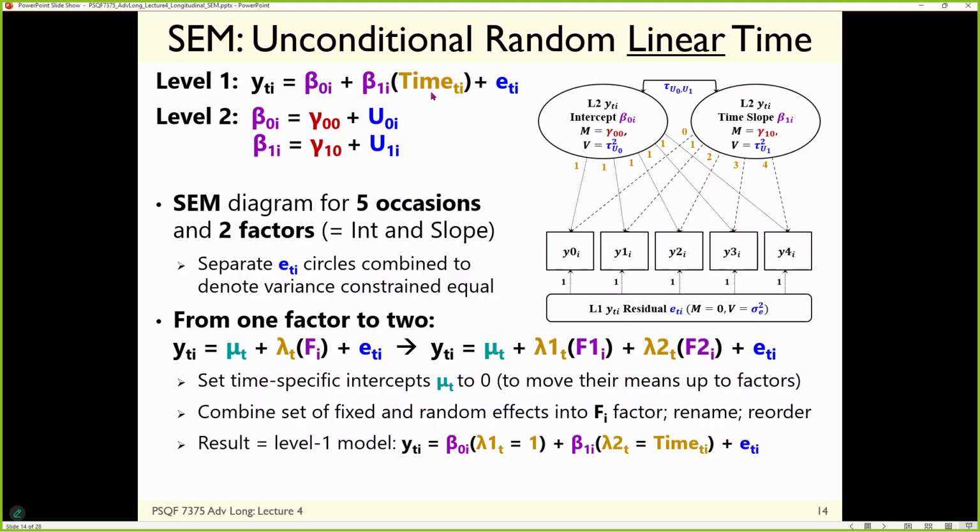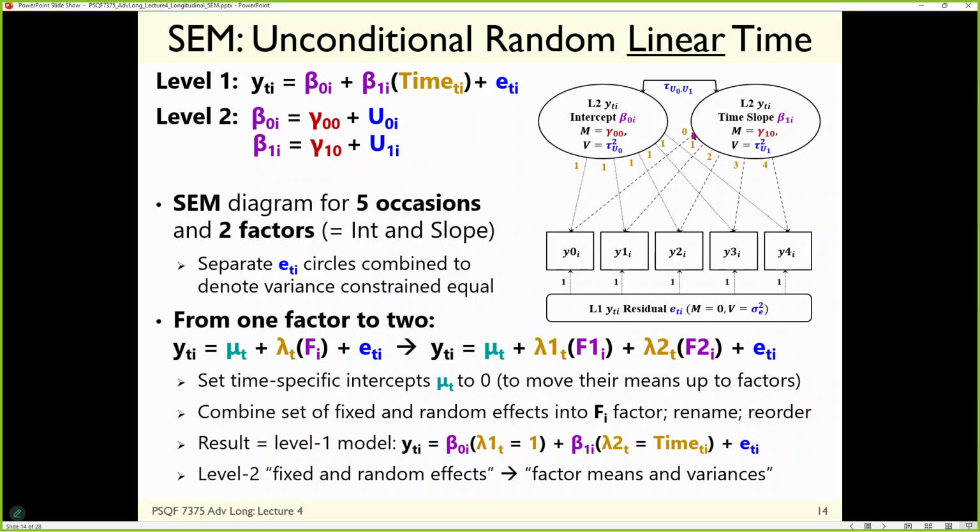Now, I had beta 1 times time up here. The loadings for this factor are going to hold the values of time because I have columns instead of rows. There's no information in the data set about what occasion it is. So I have to input that into the model some other way. So what I used to call fixed and random effects, we now call factor means and variances.